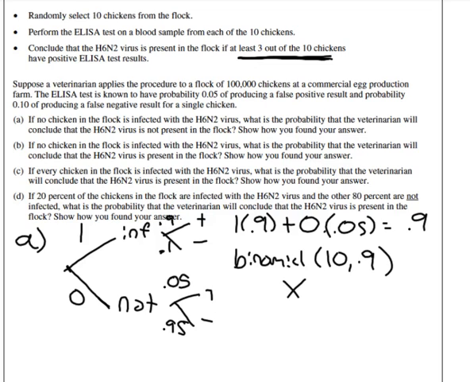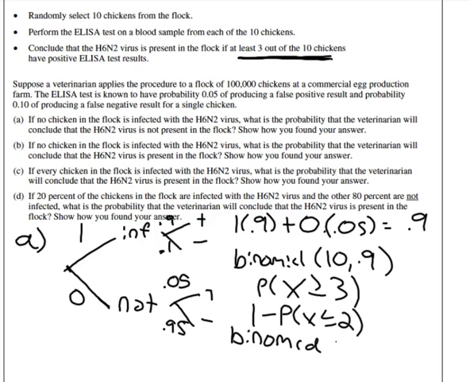To determine the virus is present in the flock, we're still looking for the probability of getting 3 or more chickens. Also, we can't determine greater than, so we're going to want to do the exact opposite of that. So the exact opposite of being 3 or more is being 2 or less.